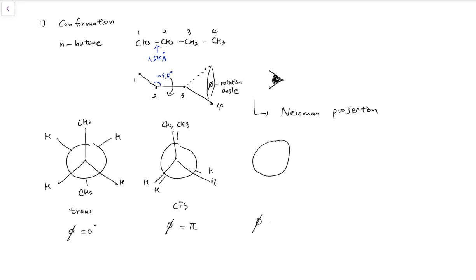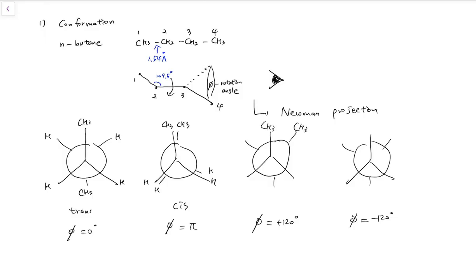Similarly, when rotation angle is either 120 degrees or minus 120 degrees, it basically has this structure, right? Or this, right? So these two are called gauche structures.